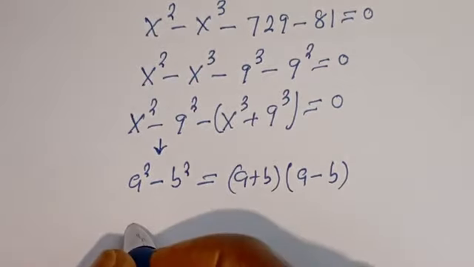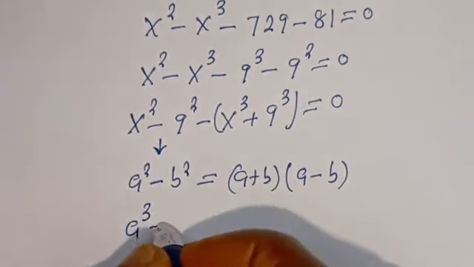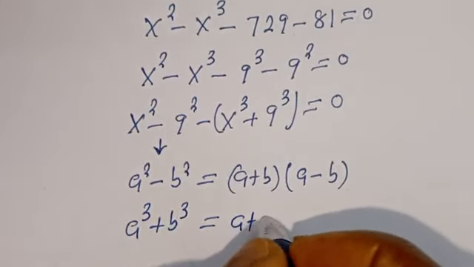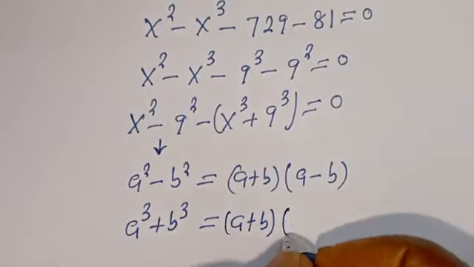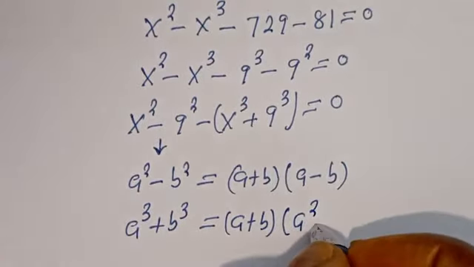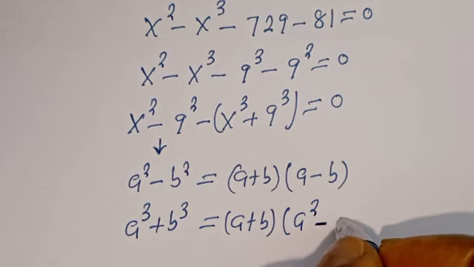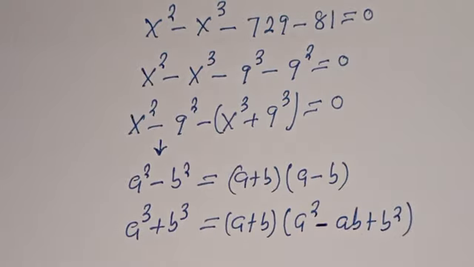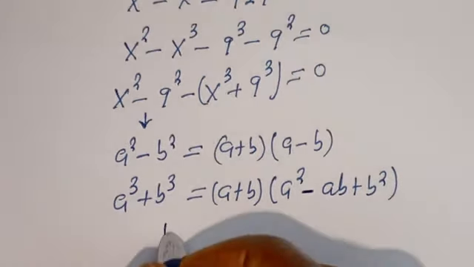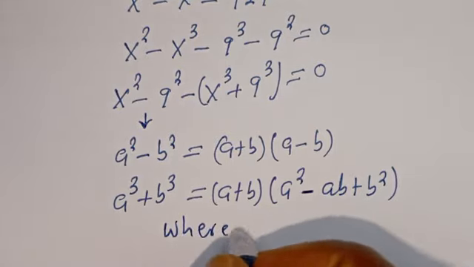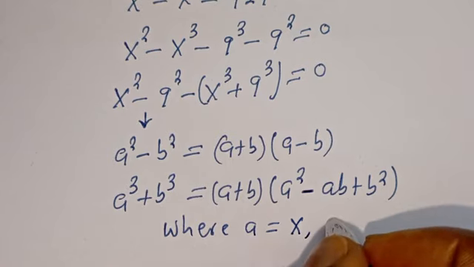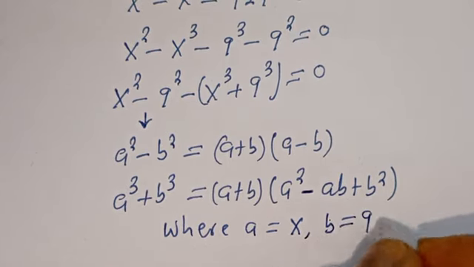Then if you have a to the power of 3 plus b to the power of 3, this is equal to a plus b bracket a squared minus ab plus b squared. Then where a is equal to s and b is equal to 9.